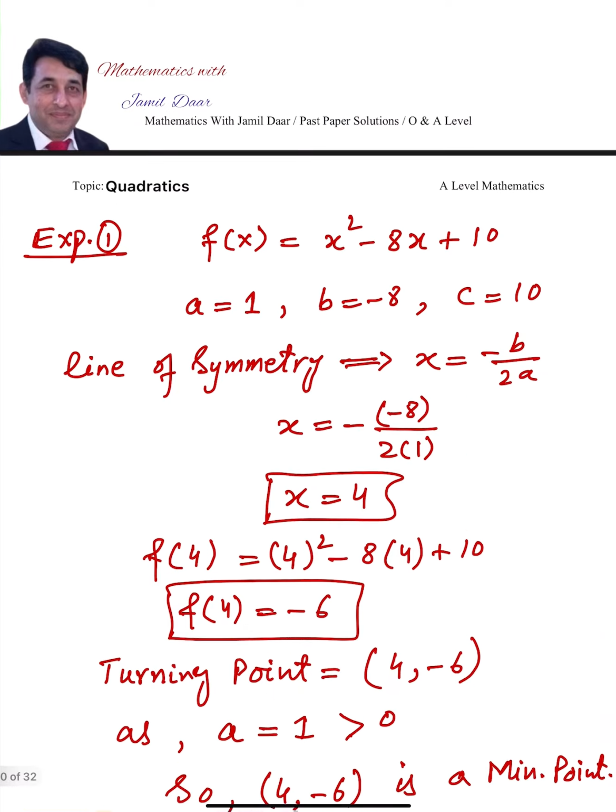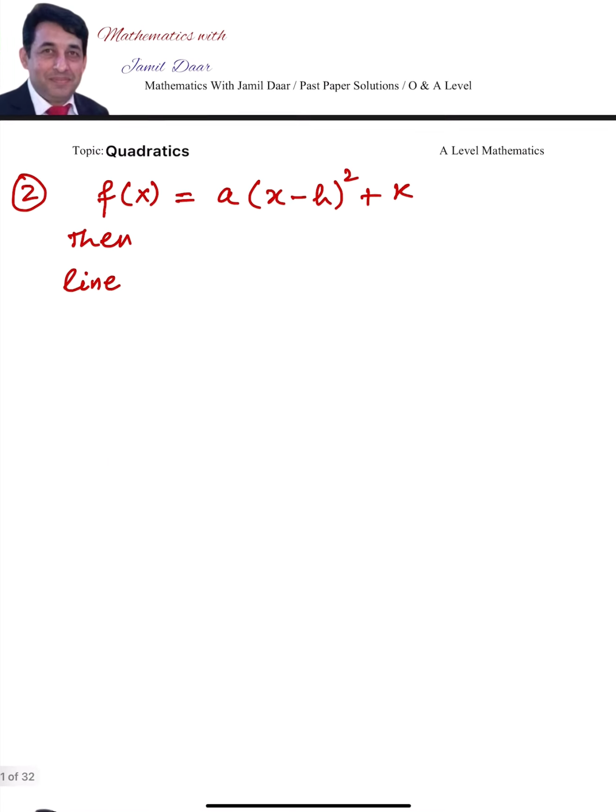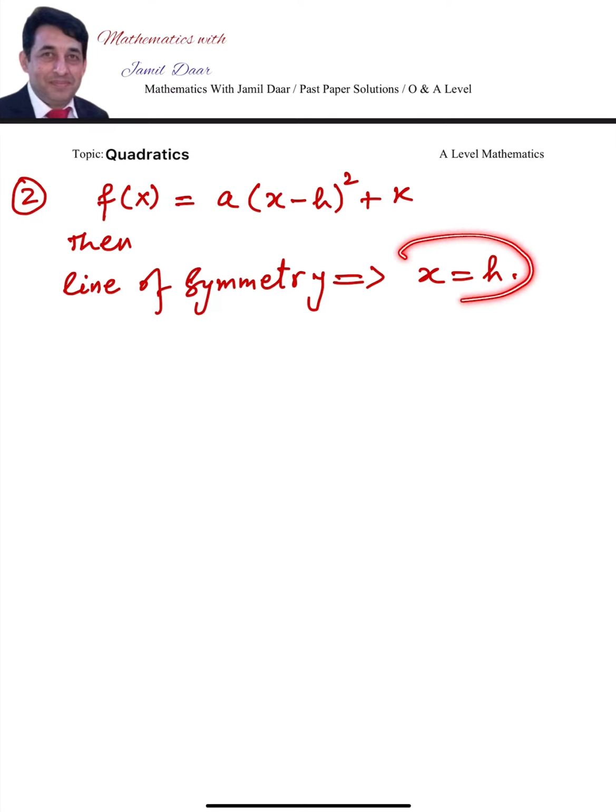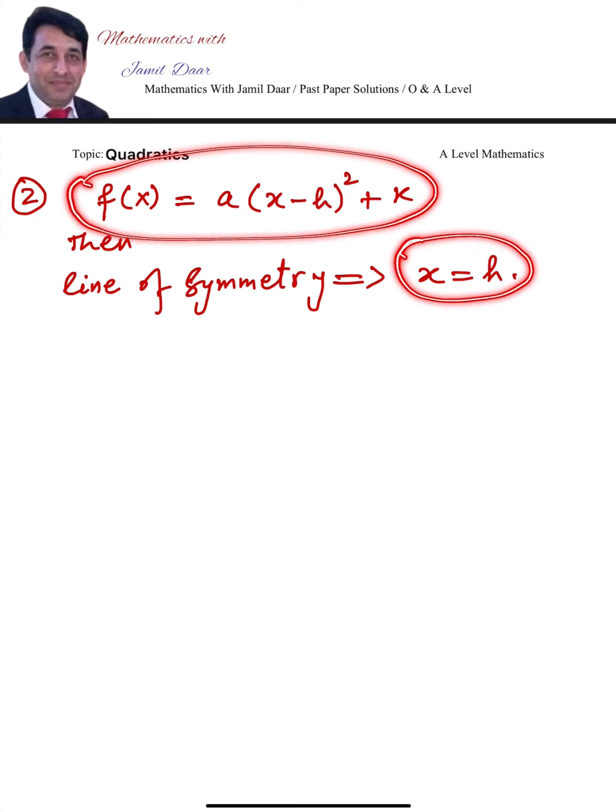Okay, so then the line of symmetry would be x is equal to h, and for the turning point, the y coordinate would be the corresponding value of y.